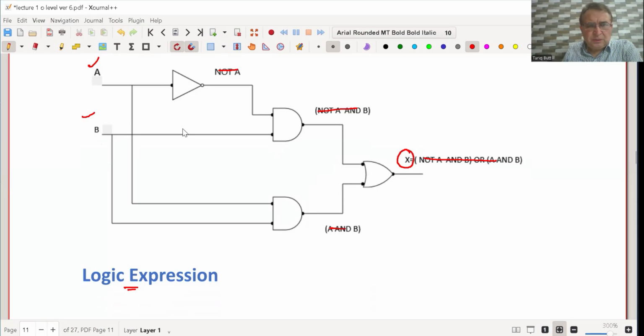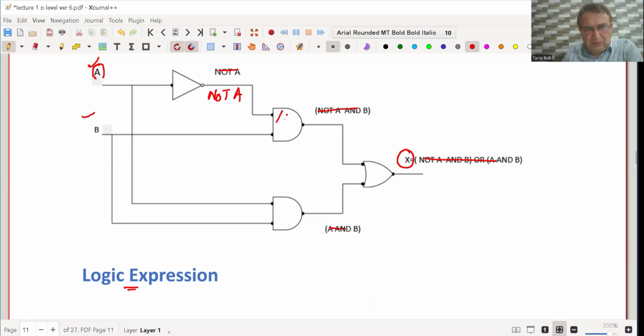Fine. So as far as the logic expression is concerned, for instance, this input is A, and it is being passed through a NOT gate. So its logic expression will be NOT and whatever is the input, which is A. Fine. So you can easily write down the expression for this single gate, which is NOT of A.